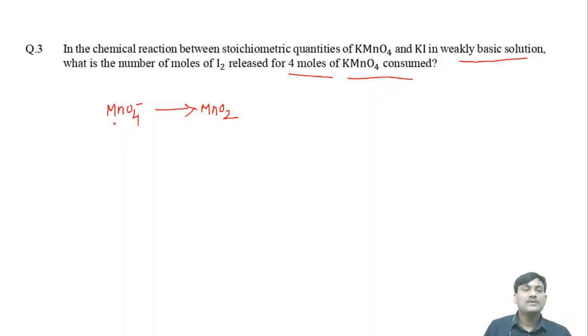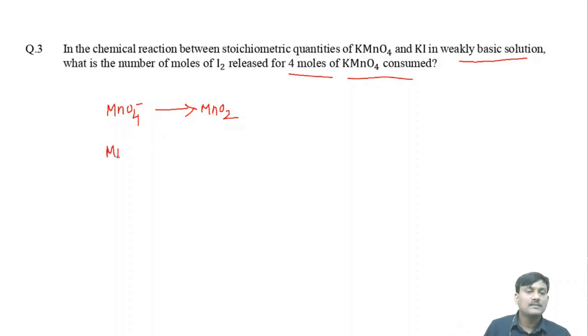First, balance the heteroatoms, other than oxygen. Manganese is 1 on the left side and 1 on the right side. Here, on the left side you can find 4 oxygens and on the right side 2 oxygens.